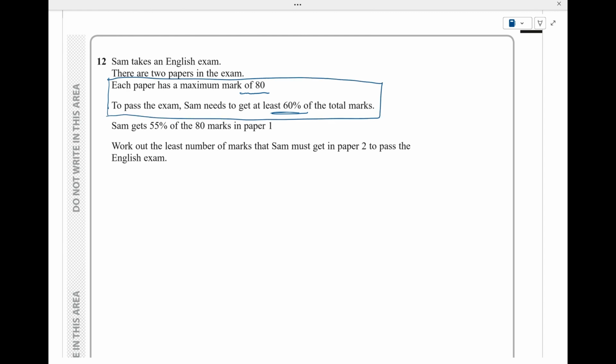So each paper has a maximum mark of 80, so that means there are 160 marks in total. And he, or she, needs 60% of them. So 60% of 160. That's how many marks are needed to pass. 96 marks to pass.